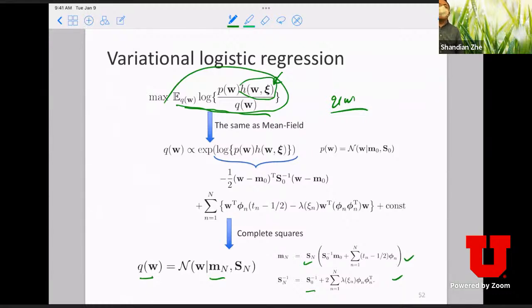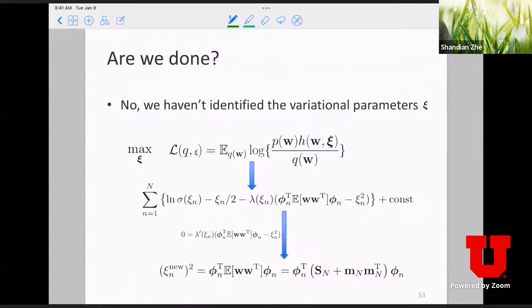But this is not done, because we need to ensure the choice of C can make this lower bound as close to the true joint distribution as possible. So we got another step. That is, we maximize this lower bound with respect to C. So once given C, we can calculate the Q of W, which directly maximizes this objective, the expected log fraction.